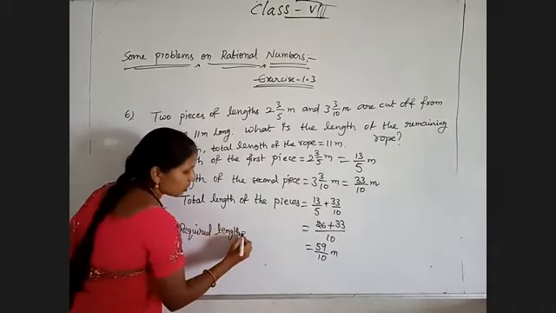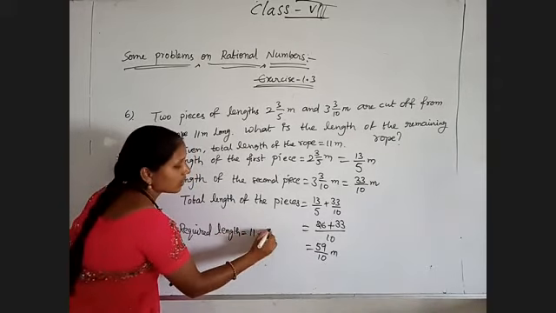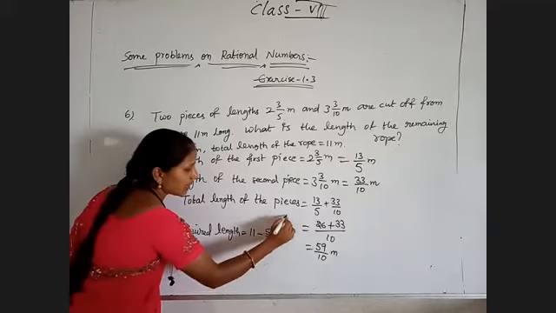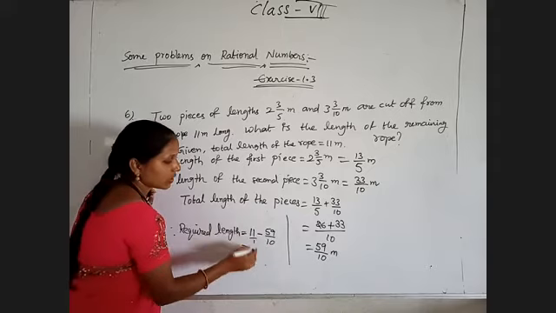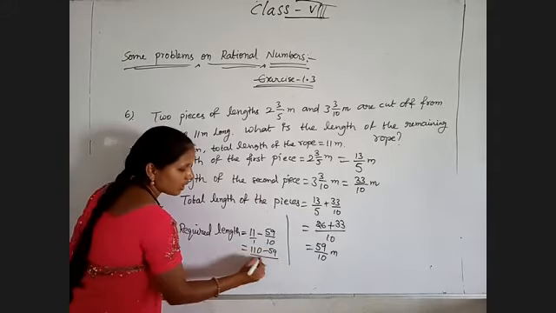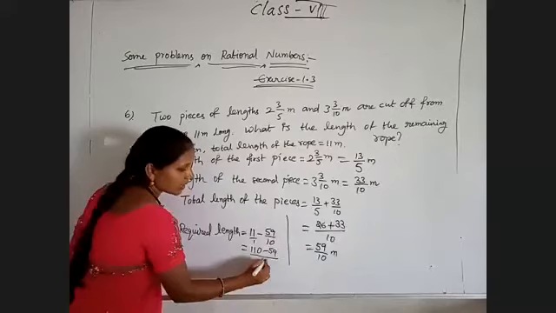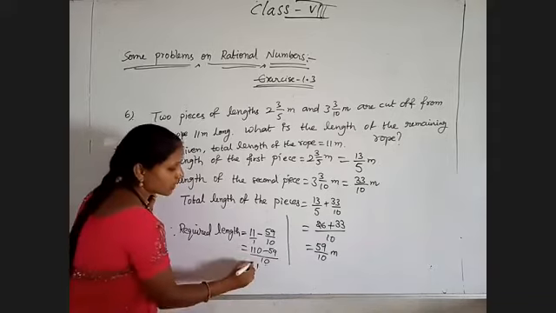That is equal to total length 11 meters minus length of two pieces, 59 by 10 meters. So go for cross multiplication: 10 into 11 is 110, minus 1 into 59, 59 by 10. So 10 minus 9 is equal to 1, 10 minus 5 is equal to 5.